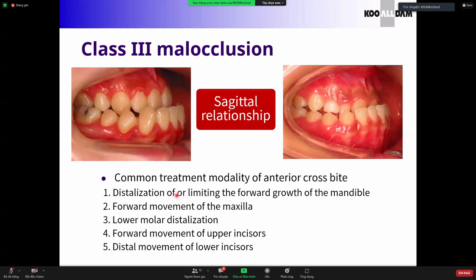First, distalization or limiting the forward growth of the mandible. Second, forward movement of the maxilla. And lower molar distalization, forward movement of the upper incisors, and distal movement of lower incisors.